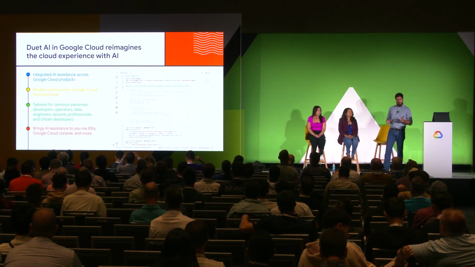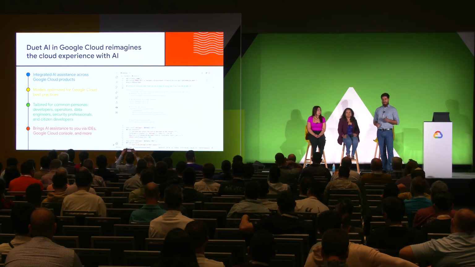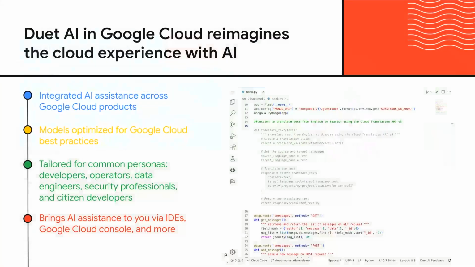As you likely saw in some previous sessions, the key idea here is infusing AI throughout the Google Cloud experience. This means the console, the BigQuery editor, essentially all the surfaces you may go to as a developer, including IDEs such as VS Code or JetBrains IDEs.